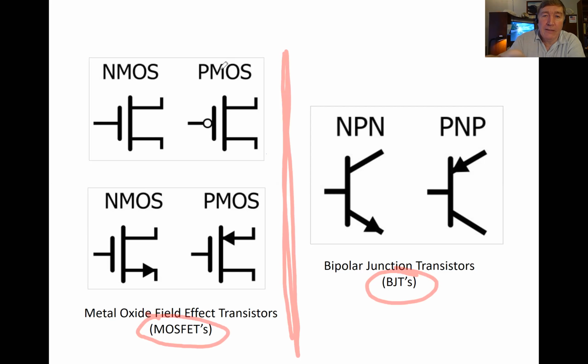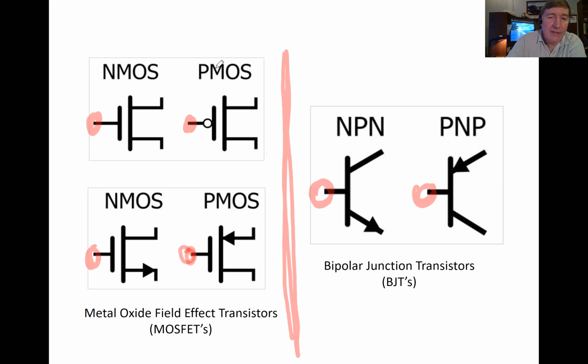In all cases, the gate, the input that you see in the middle here, is always the control input. This is always the thing that we manipulate in order to turn the transistor on or off. If the transistor is turned on, then current will flow, and current always flows into the top and out of the bottom.